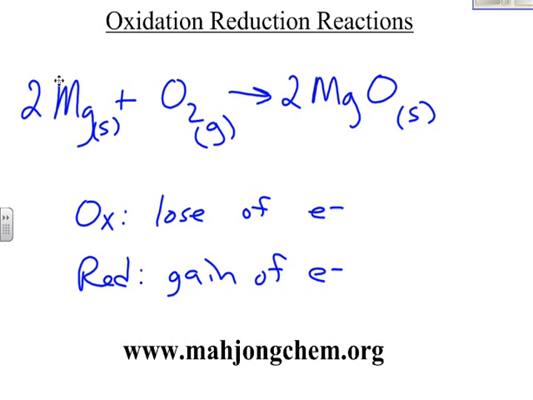So if we go up to the original equation up at the top here, and we look at that, any neutral element is going to have an oxidation number of 0. So that would be both the magnesium and the oxygen. And then over on the right, we're going to give oxygen an oxidation number of -2. And for this to be balanced, the magnesium would have to have an oxidation number of 2+.